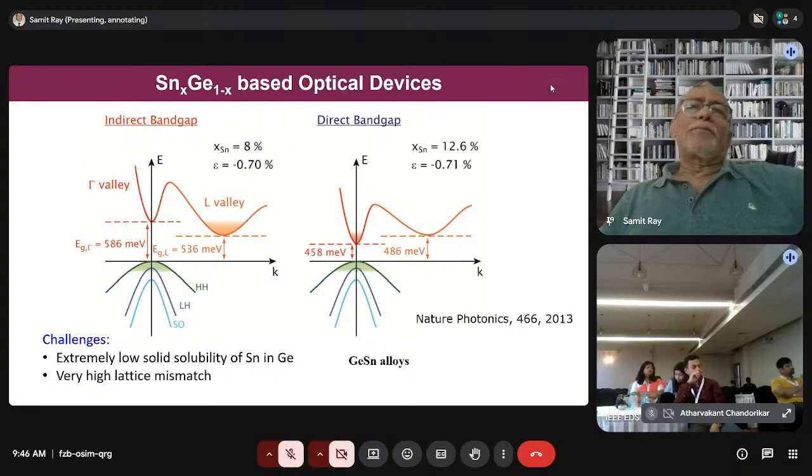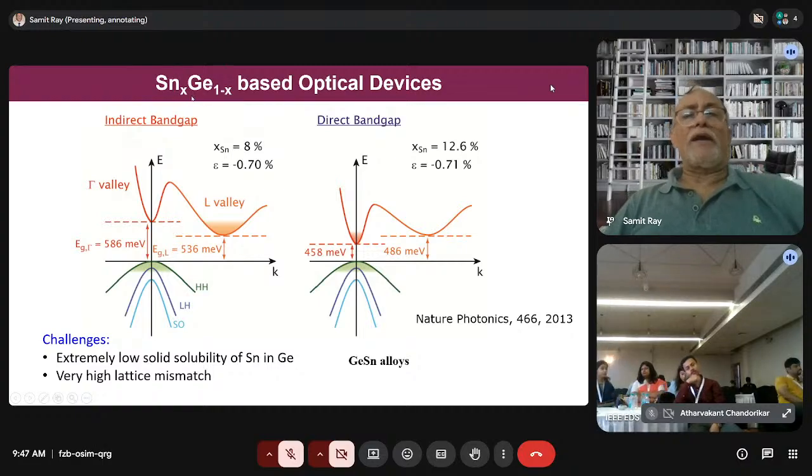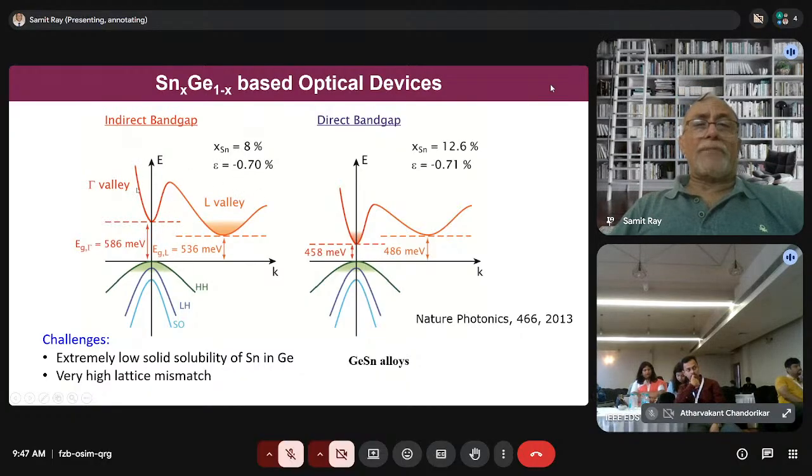Now, if you want to make better and better devices, we can go to other materials. In this case, we have gone to a tin-based alloy, like a germanium-tin alloy. This is very interesting. At about 8% tin, germanium is still an indirect band gap.